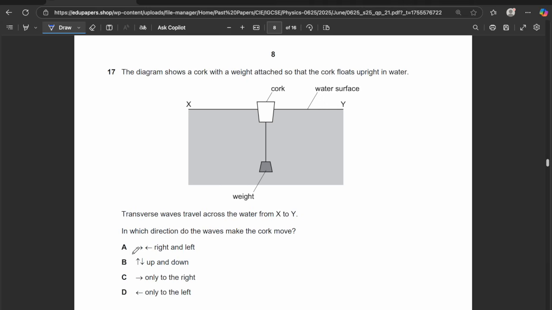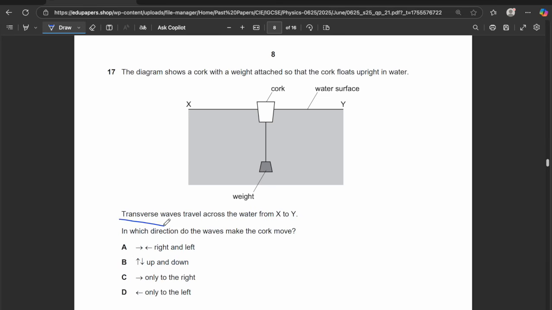17. The diagram shows a cork with a weight attached so that the cork floats upright in the water. Transverse waves travel across the water from X to Y. In which direction do the waves make the cork move?